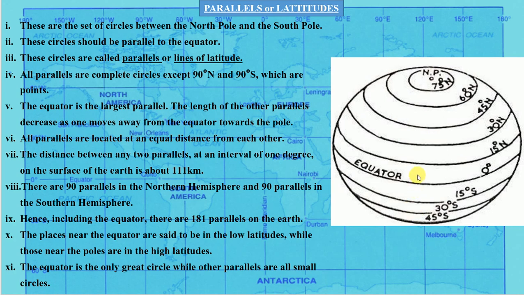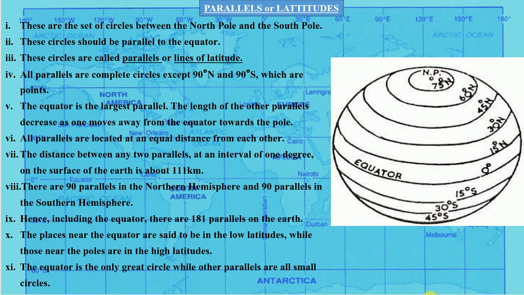As we have already studied, the equator is the imaginary line which divides the earth into two hemispheres, the northern hemisphere and the southern hemisphere. There are 90 parallels in the northern hemisphere and 90 parallels in the southern hemisphere. Hence, including the equator, there are 181 parallels.